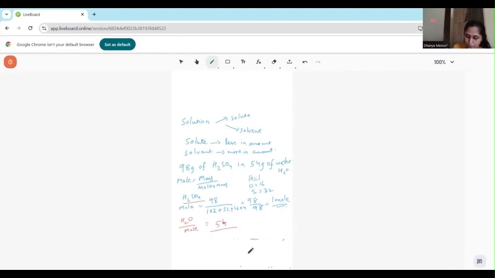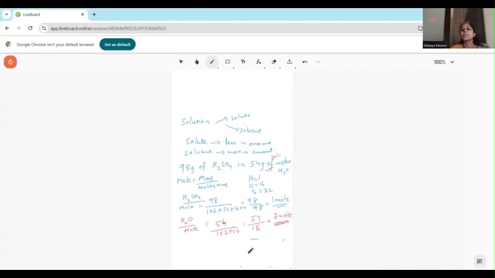So 1 times 2, because there are 2 hydrogen atoms, plus 16, right? So 54 by 18, which is equal to 3 moles. Now tell me which substance is more in amount, or which substance has more number of moles. It is 3 moles of water. So water is the solvent, and sulfuric acid is the solute.